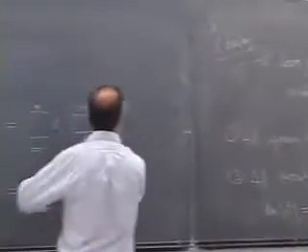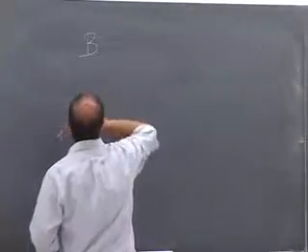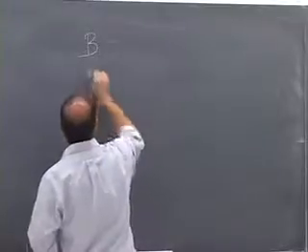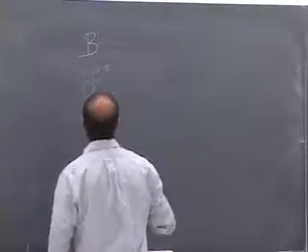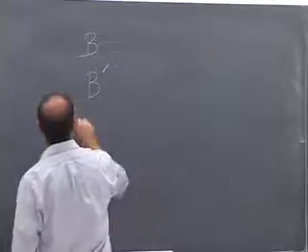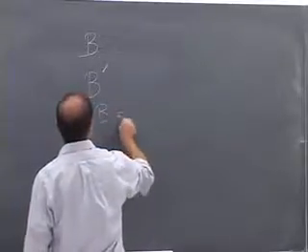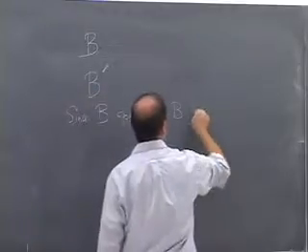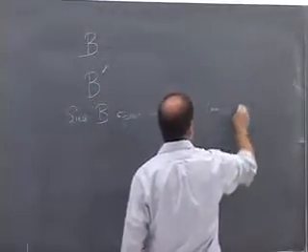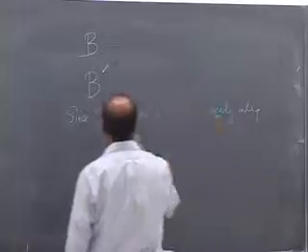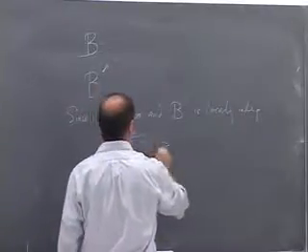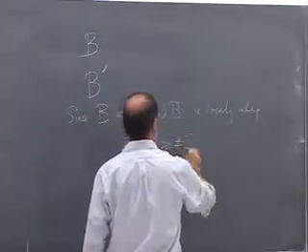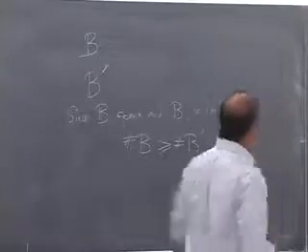Well, a basis is a set that's linearly independent and spans, so let the first basis be B, and the second basis be B prime. And since B spans and B prime is linearly independent, we know that the number of elements in B is at least the number of elements in B prime by the main theorem.